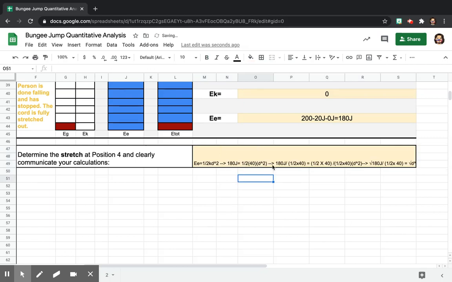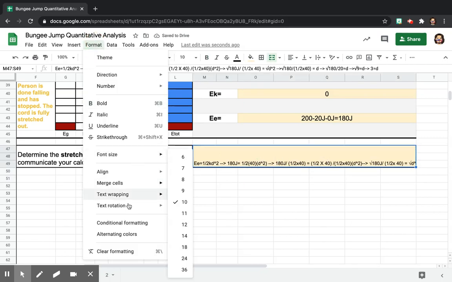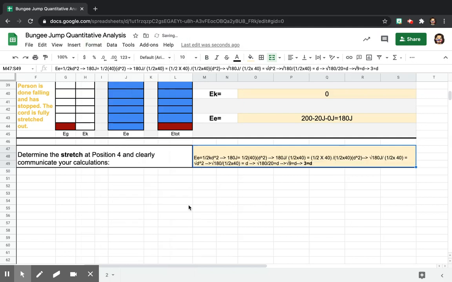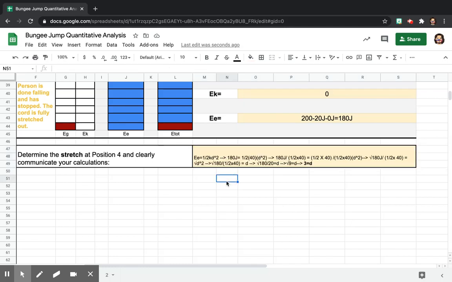So that is not formatted, so it wraps. So these are all of the different steps that I took. See if I can break it down like this for you.